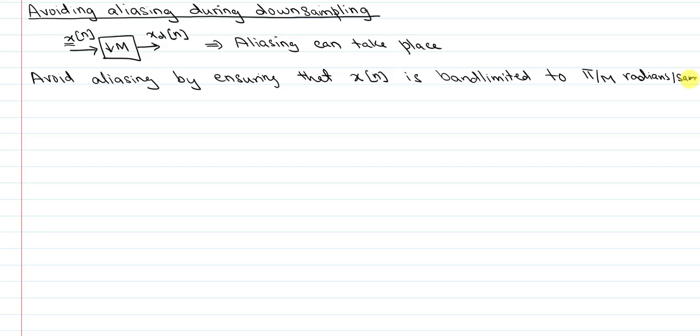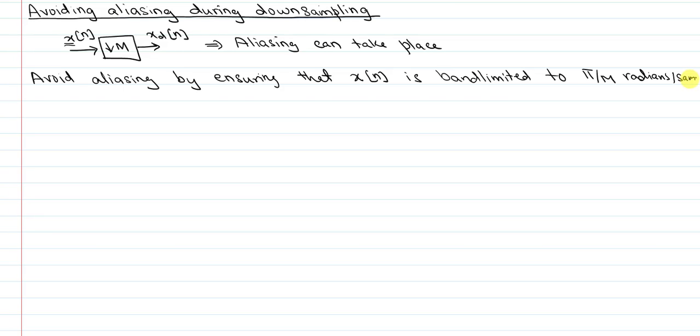Okay, so the question is, what if x[n] is not band limited to pi over M radians per sample? What should we do? In the continuous world, we know what we should do if there is danger of aliasing. We low pass filter our continuous time signal by an anti-aliasing filter that has a cutoff of pi over T. So we make sure that we don't have any frequency more than 1/2 of our sampling frequency.